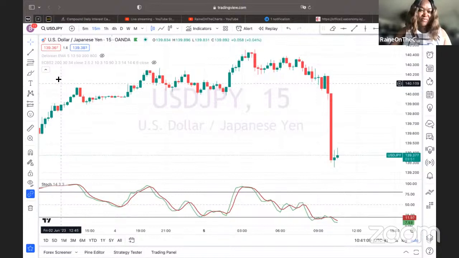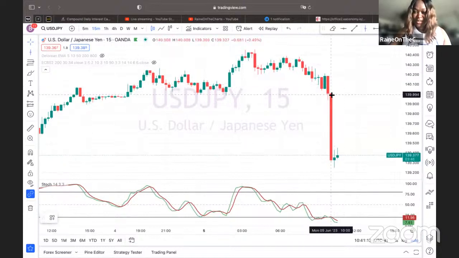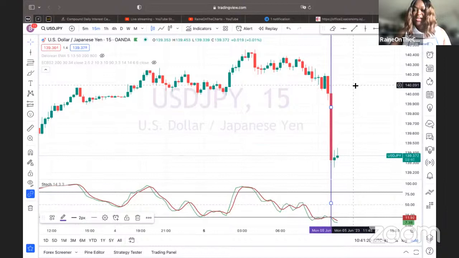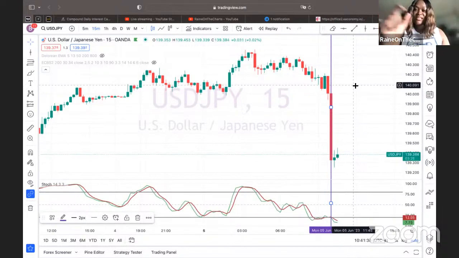Let's put the line so you can see exactly what I'm talking about. 10 a.m., see there in purple. There was a red folder, which means high impact news, and we see the impact. Those of you who love to trade news, if you know what you're doing, you would have made some money on this.